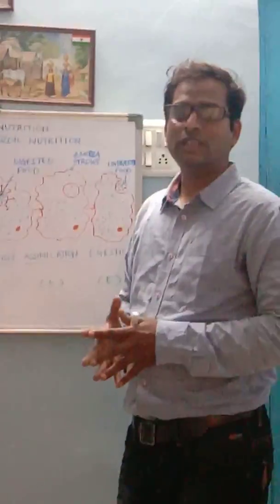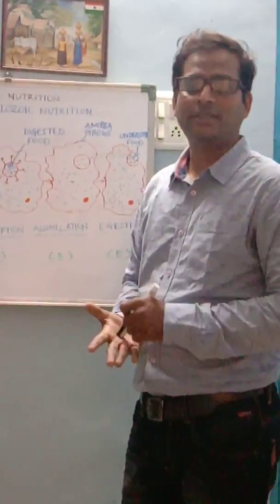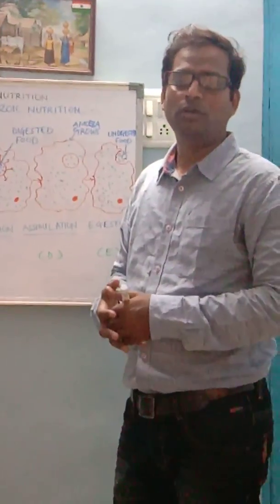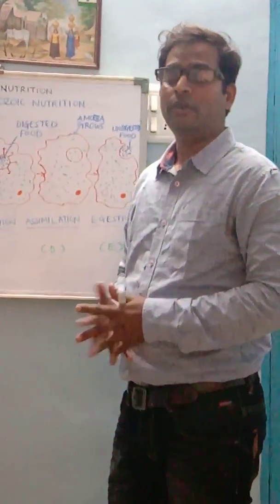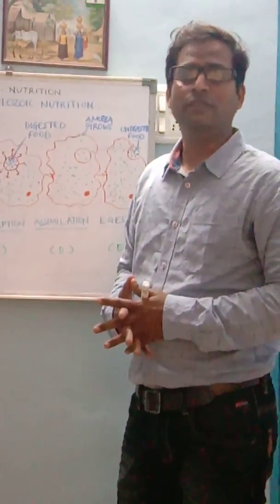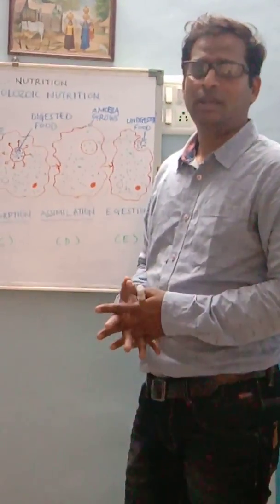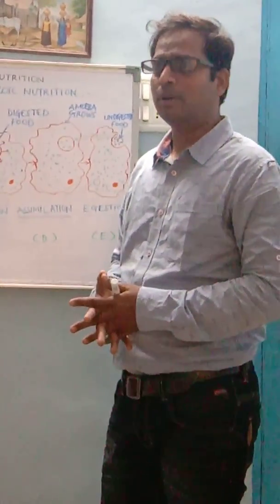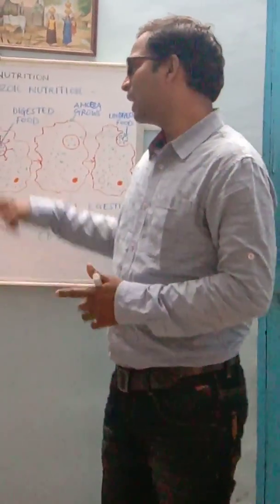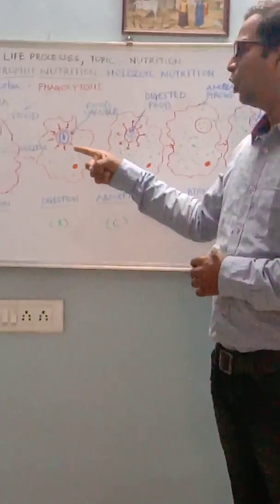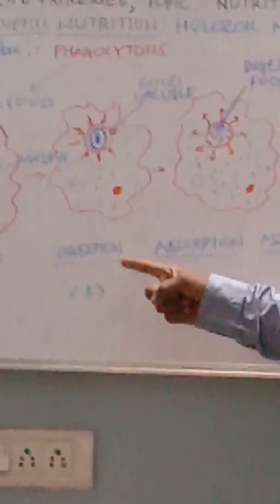When it comes to complex food in the form of fats, the simple food is in the form of fatty acids or glycerol. When we talk about the complex food in the form of proteins, the simple food of the proteins is in the form of amino acids. So exactly here same thing happens. Complex food is converted into simple food by the action of enzymes, and we call it as digestion.